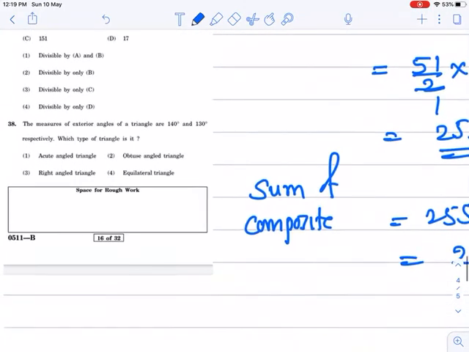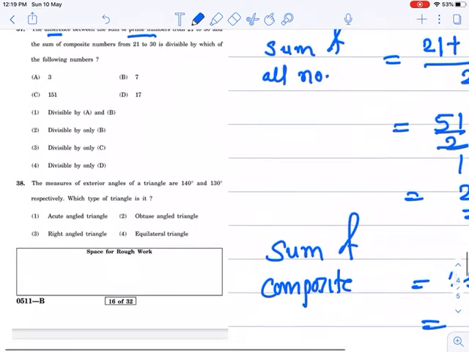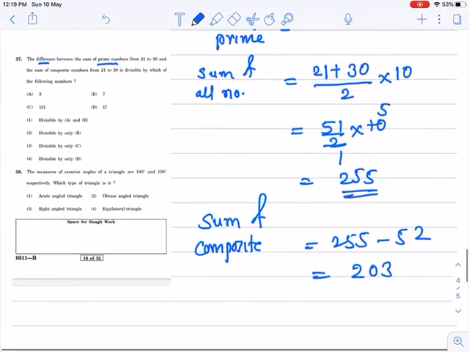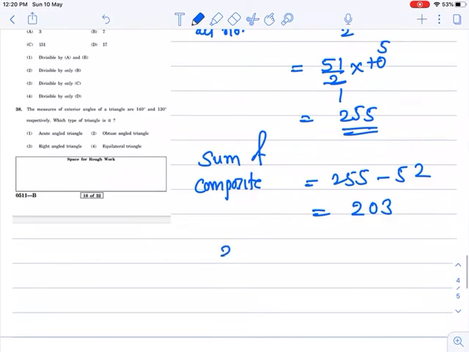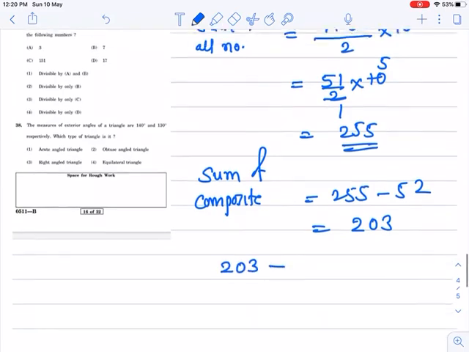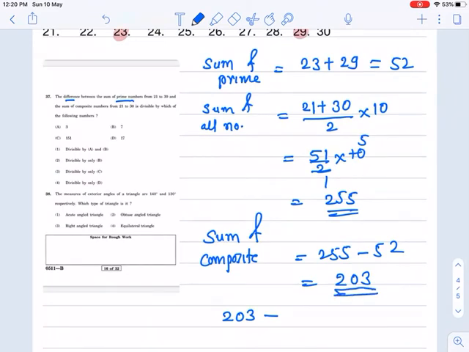Now actually the question is the difference between the sum of prime numbers and the sum of composite numbers. So I will write 203 minus 52, the sum of prime numbers.